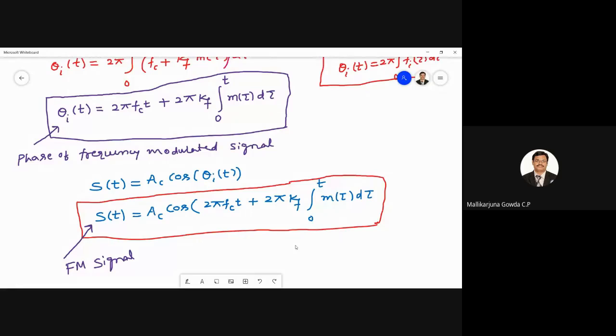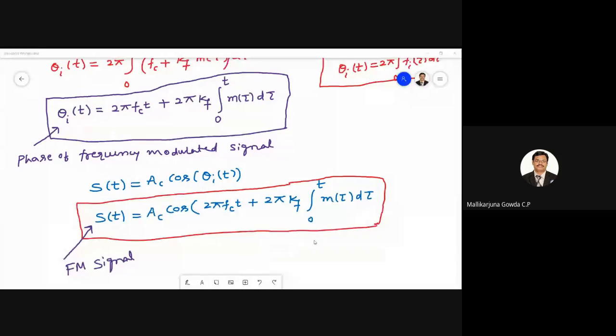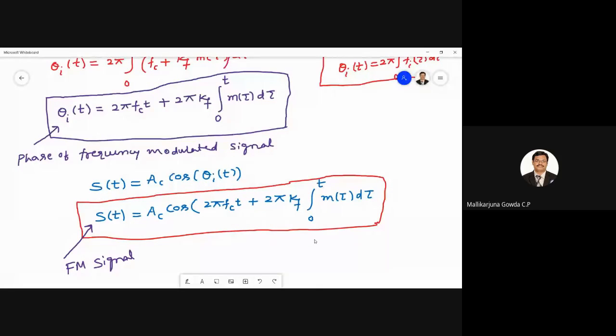What is the difference you are finding in the expressions of PM and FM? Sir, in PM signal, apart from the AC, leaving amplitude, the theta i of t is there.